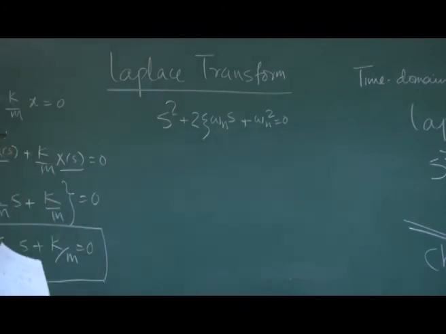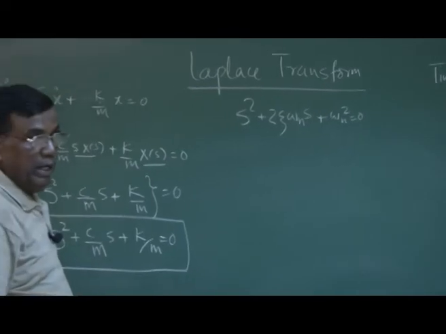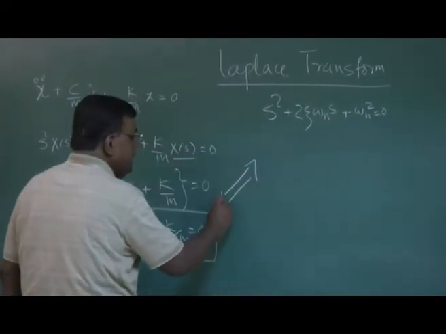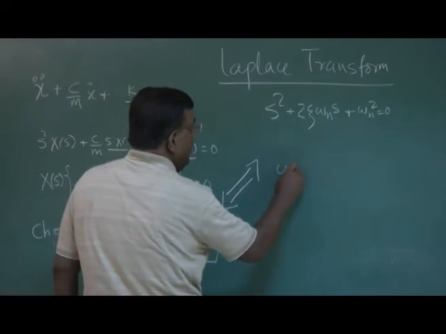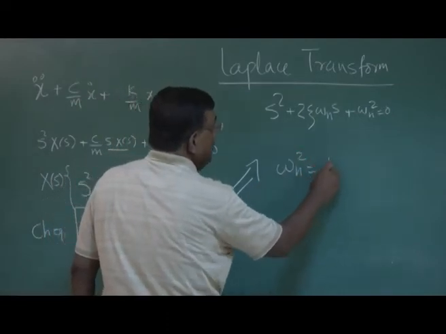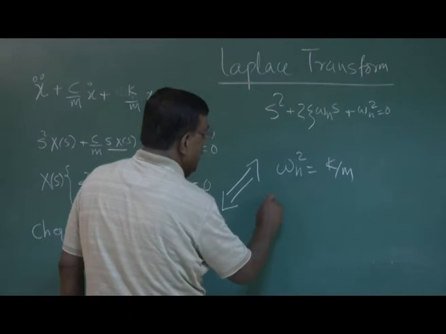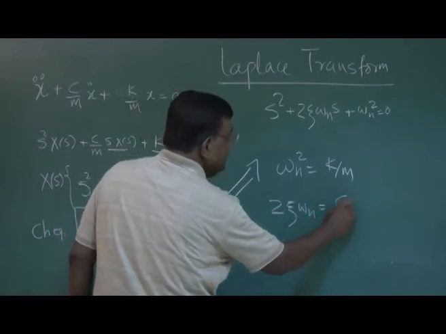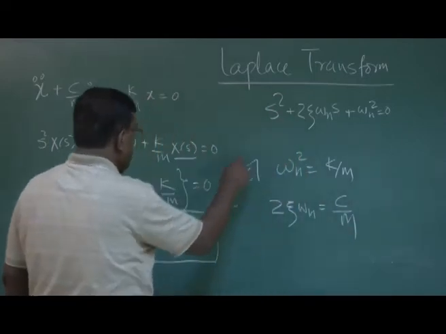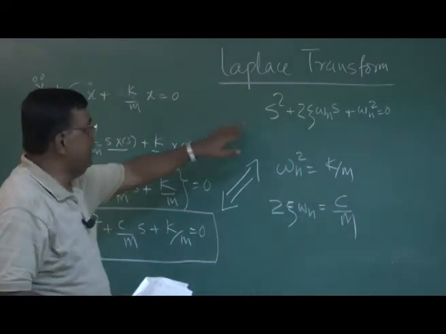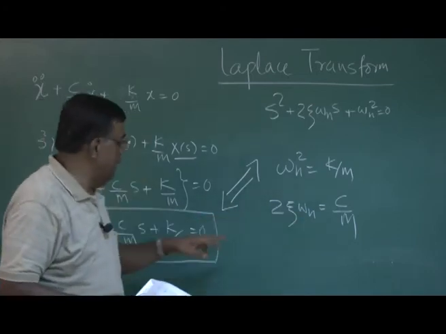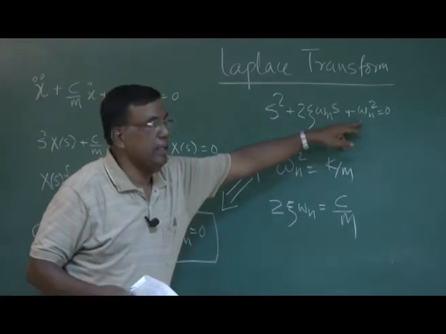So I can map this and find out the value of omega n and zeta. If I compare this, I get omega n square equal to k by m and 2 zeta omega n equal to c by m. I'm just comparing these two equations. 2 zeta omega n is nothing but c by m, and k by m is nothing but omega n square.